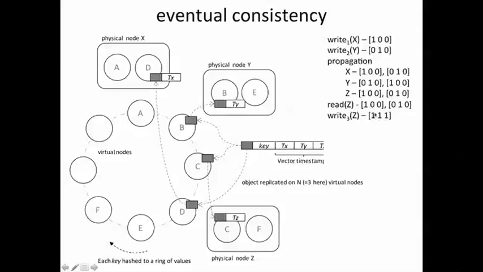Now 111 is greater than both of these, so the value written overrides the previous 2 and they can be discarded, and when this value propagates to x and y, the corresponding older values also get discarded.